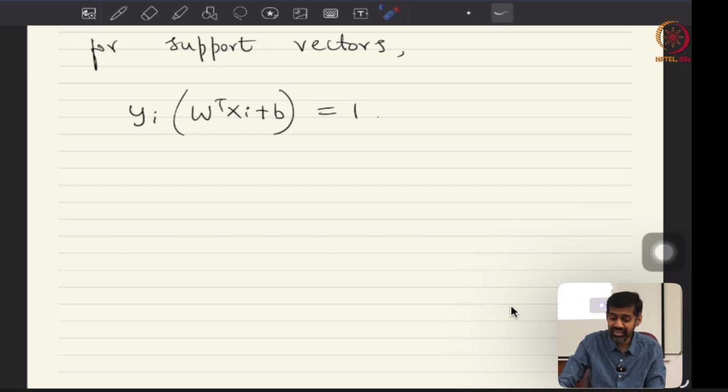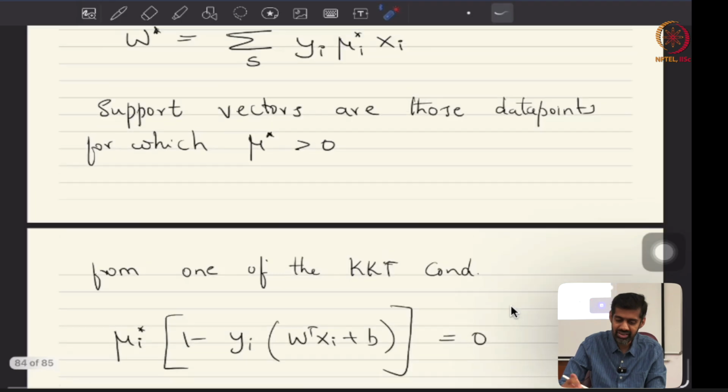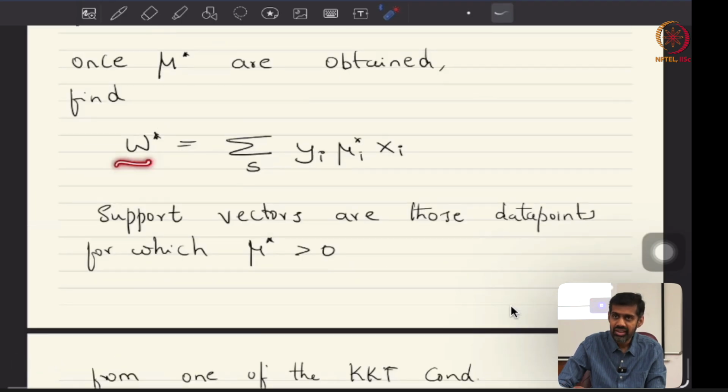And remember this, in the maximum margin classifier, the optimal parameters for the decision boundary are a linear combination of the support vectors scaled by the corresponding Lagrange multipliers, and of course there is the class label also, right. In any max margin classifier, the optimal decision boundary is a linear combination of the support vectors scaled by the corresponding Lagrange multipliers.